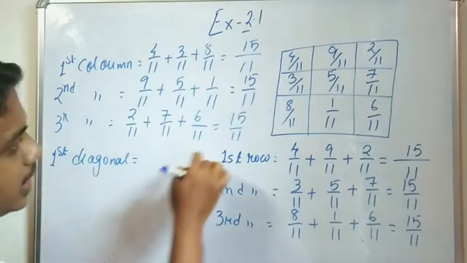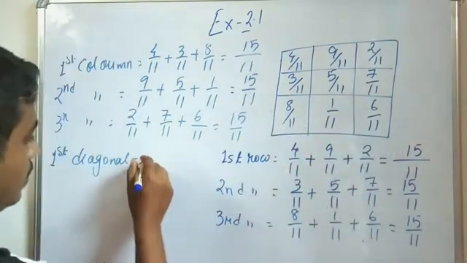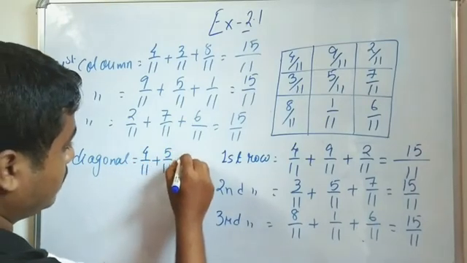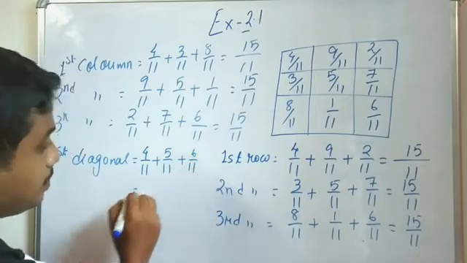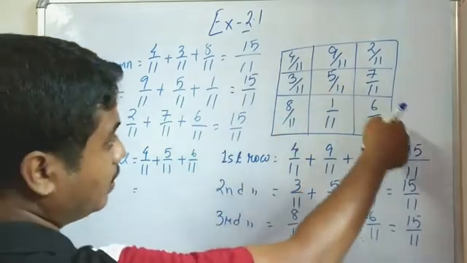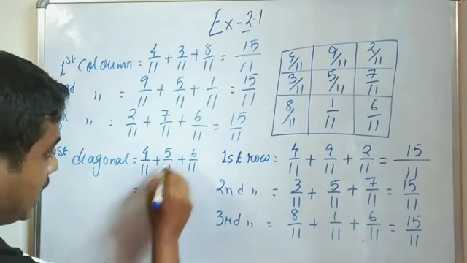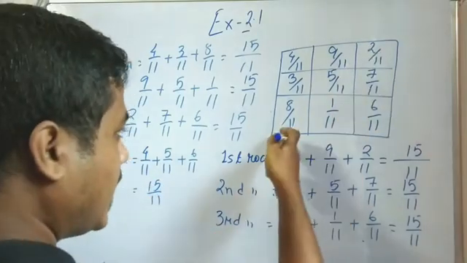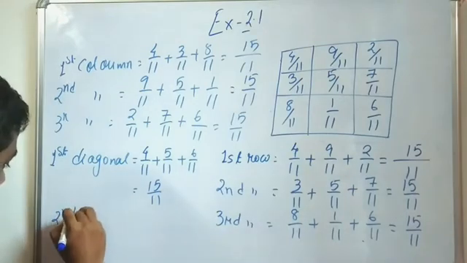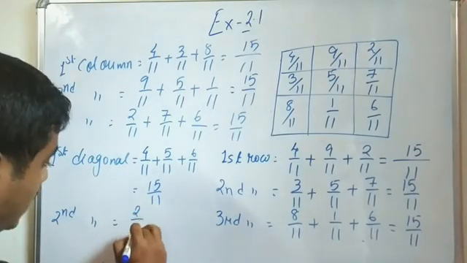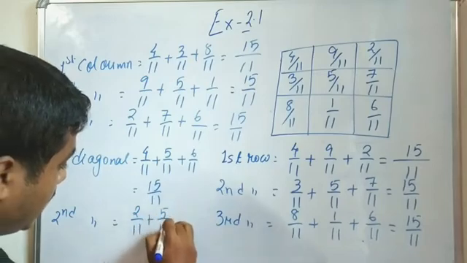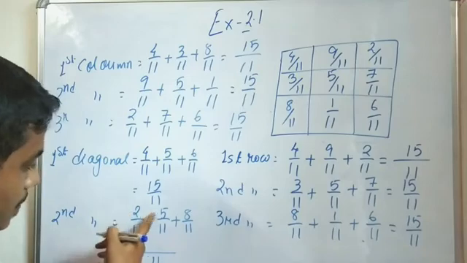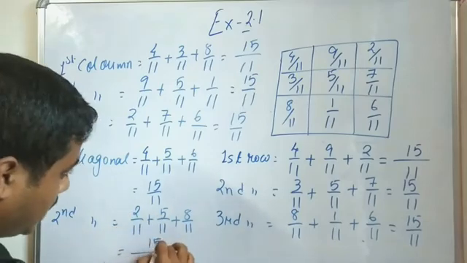The first diagonal is this one: 4 by 11 plus 5 by 11 plus 6 by 11. 4 plus 5 is 9, 9 plus 6 is 15, so it is 15 by 11, correct? We go to the second diagonal: 2 by 11 plus 5 by 11 plus 8 by 11. 2 plus 5 is 7, 7 plus 8 is 15.